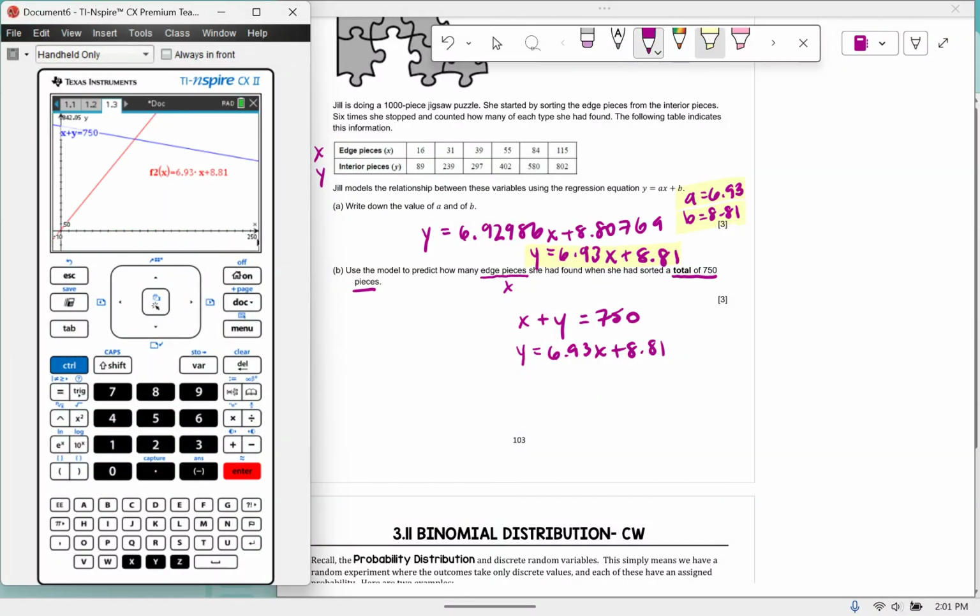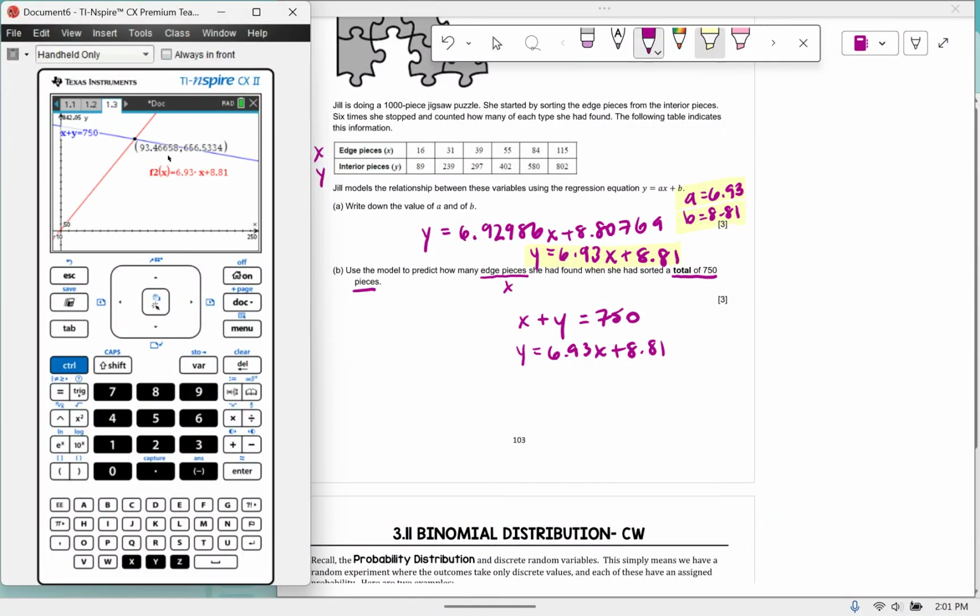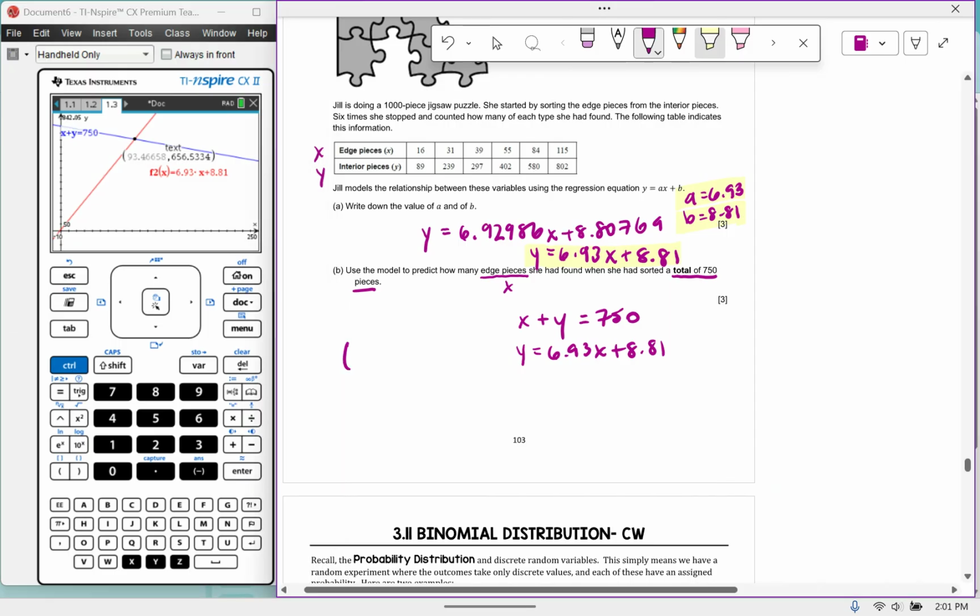Ah, there we go. Okay, so when these cross, what is this telling me? Is it like the X value of the intersection? Is how many edge pieces? Yes, okay, copy the point down and let's chit chat. You're on to something.